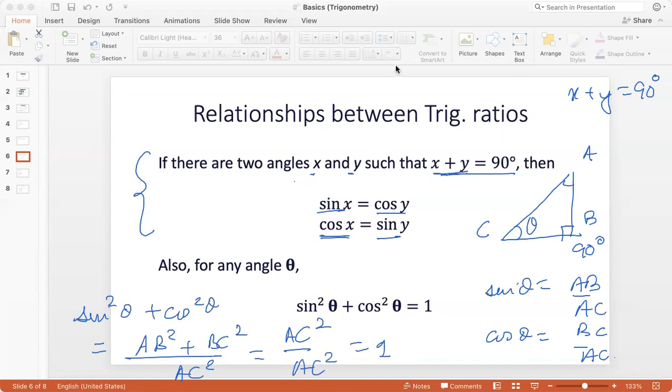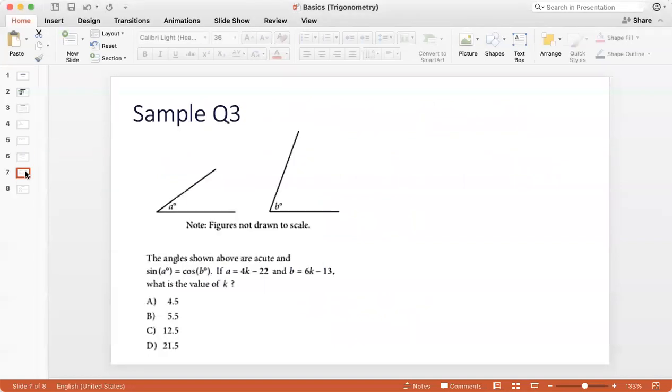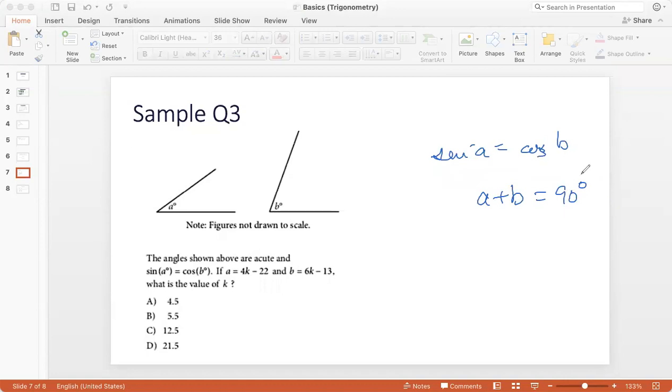So these are the things to remember. Okay, let's do a sample problem. The angles shown above are acute. Acute angles meaning less than 90, and sine A is cos B, right? So we know that if sine A is cos B, then A plus B has to be 90 degrees, right? We just discussed that.